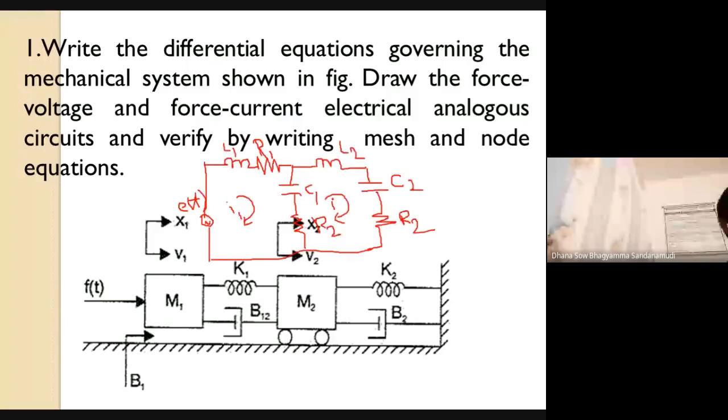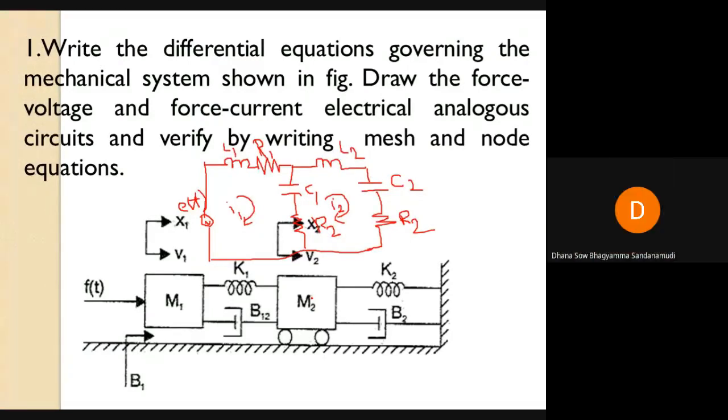So here two nodes are there in your mechanical system. In the force voltage analogous system, there should be two meshes, which means two loops should be there.